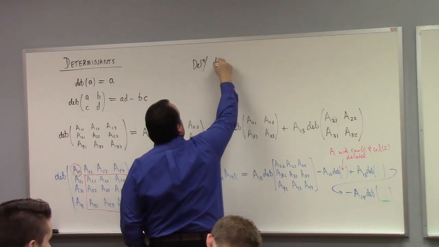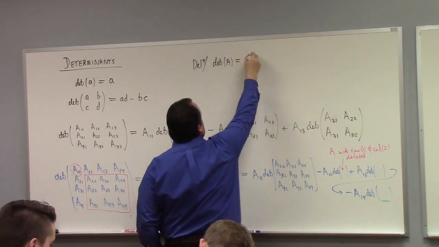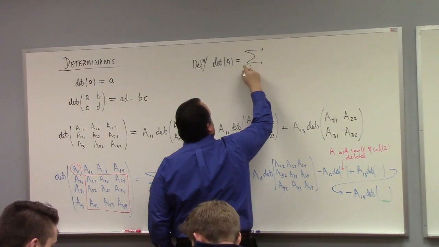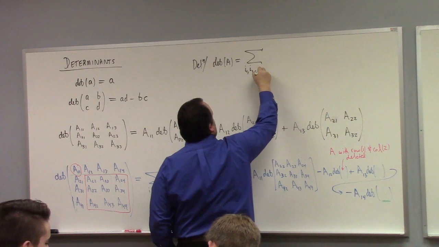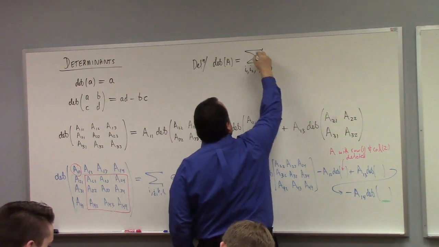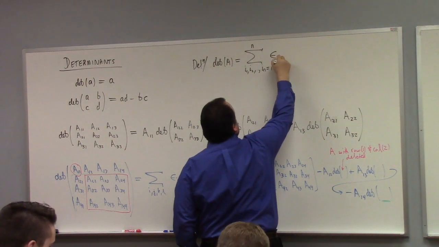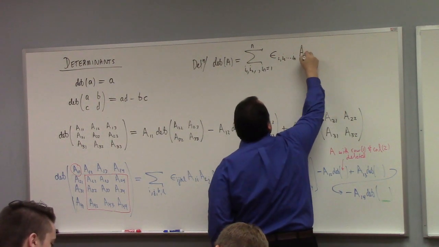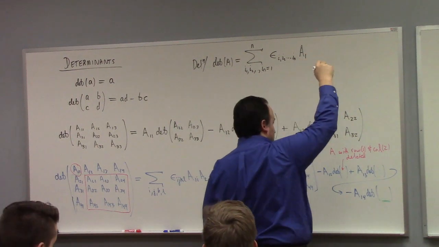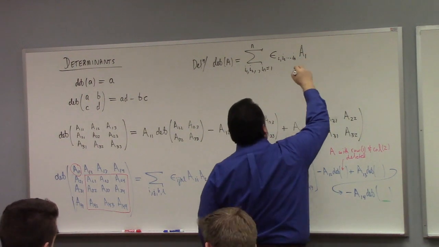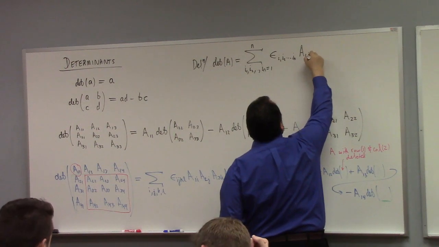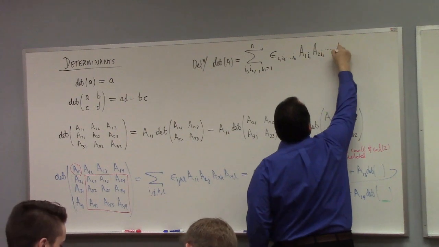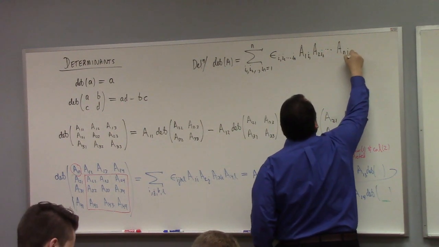The determinant of a square matrix is equal to the sum over i1, i2, all the way out to iN, from 1 to n, of epsilon i1 i2 ... iN times A1 i1, A2 i2, ..., AN iN.